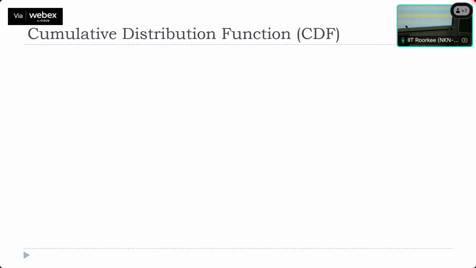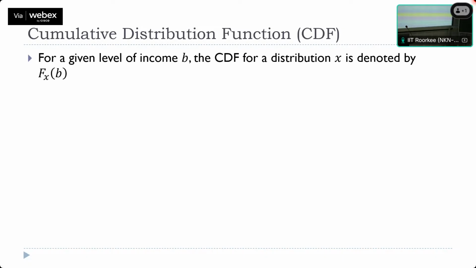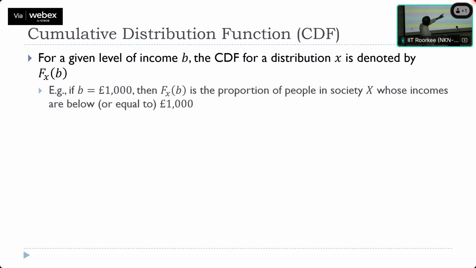Okay. So now, a little bit more information about the cumulative distribution function. Given a particular level of achievement, or a particular level of income, the CDF for a distribution X is going to be denoted by Fx. So the quantile function was Qx, the distribution function is Fx.